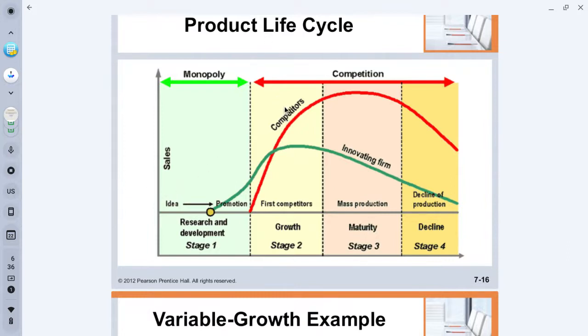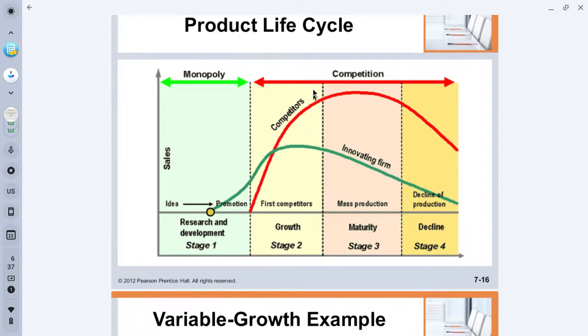And then competitors figured out how it's done and developed their own technology. As the competitors come in, the market goes into growth, right?